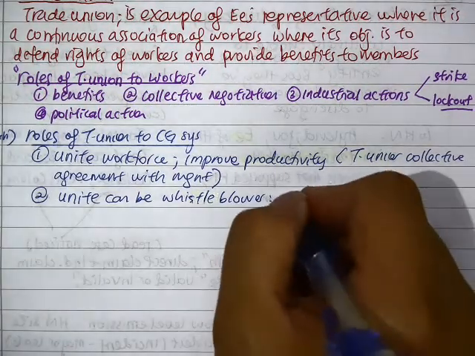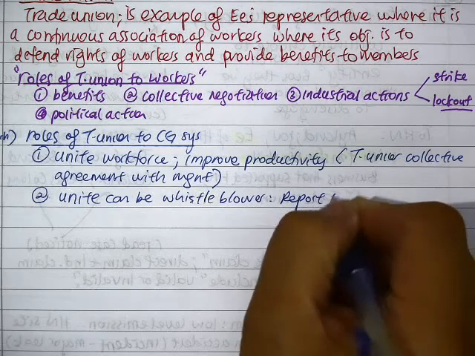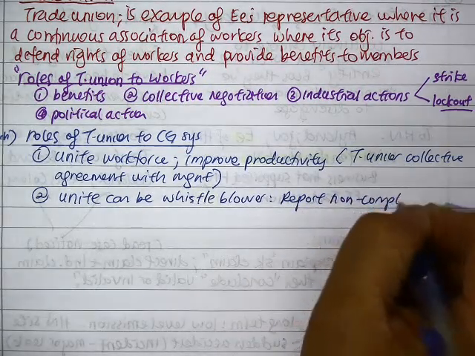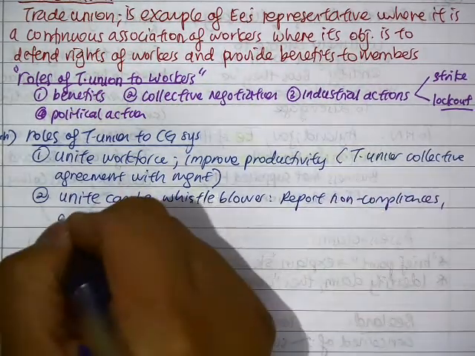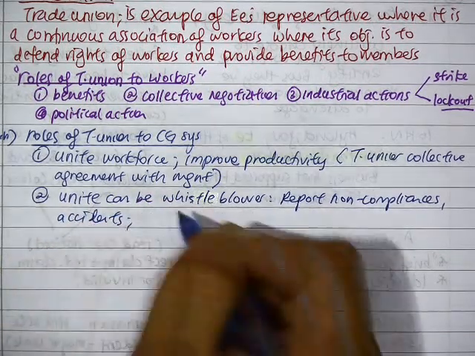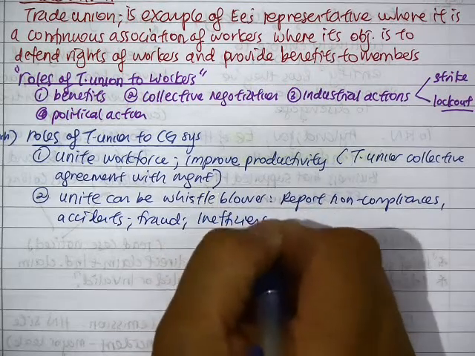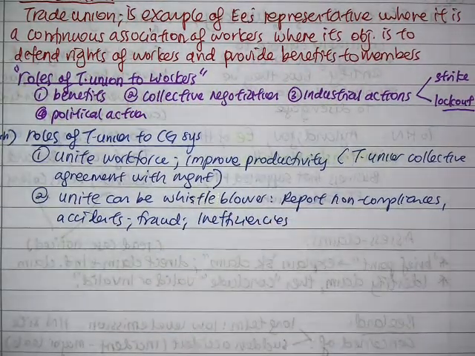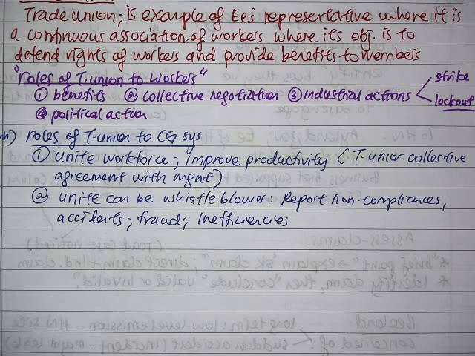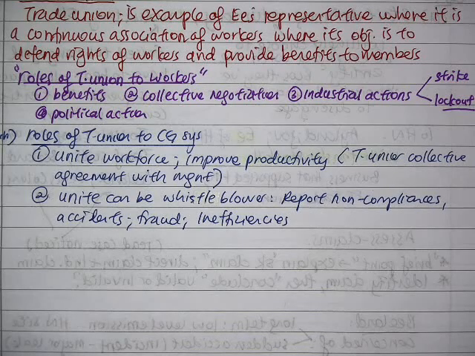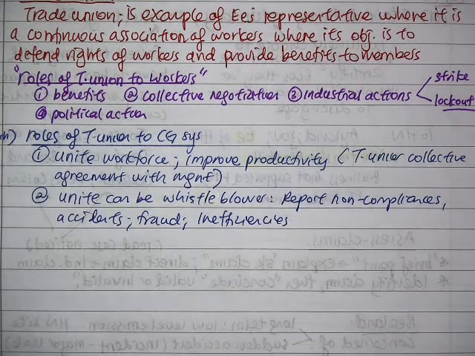For example, they will report non-compliances, accidents, fraud, inefficiency. Now, why do they dare to report? Because they are not alone. They don't represent one person, they represent all. So for them to say it is better than you saying it.